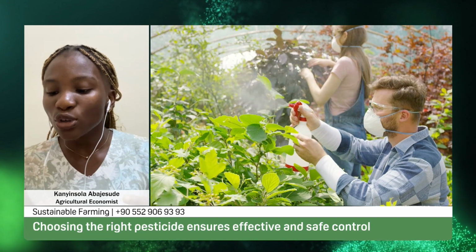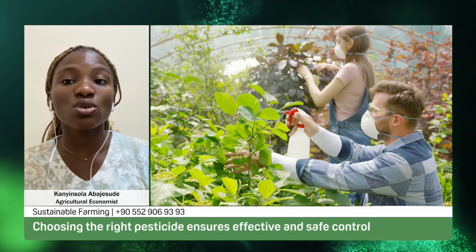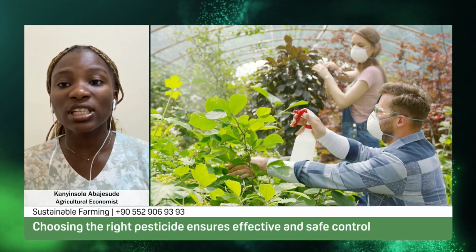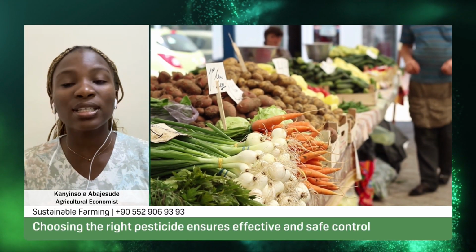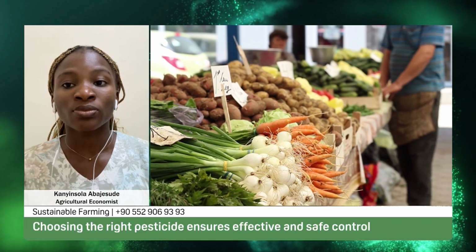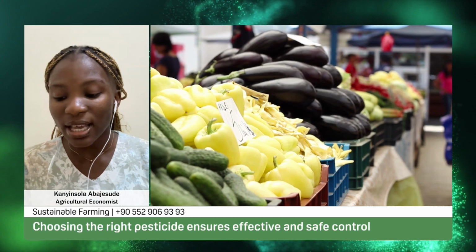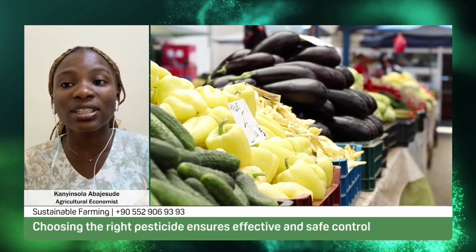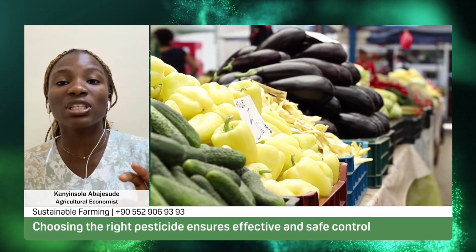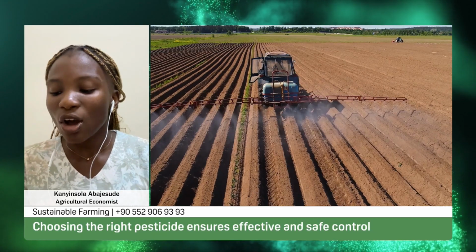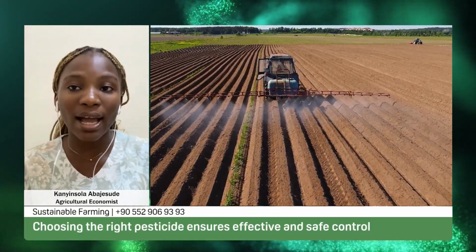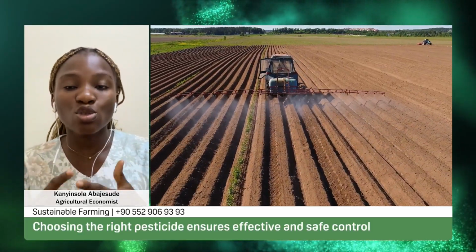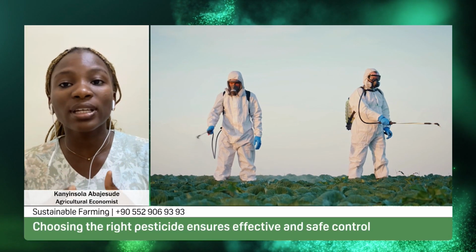Also, some of the things to look for on the label are the active ingredient, that is, the ingredient responsible for killing the pest itself, and also the formulation, the right amount of water and chemical you are to use. You will see it from the label.